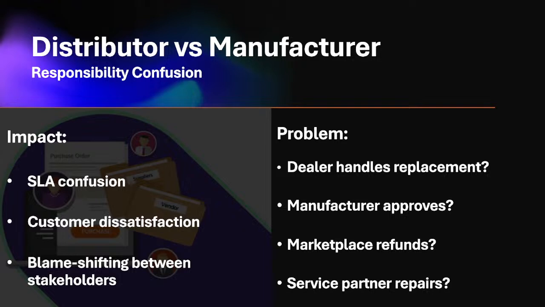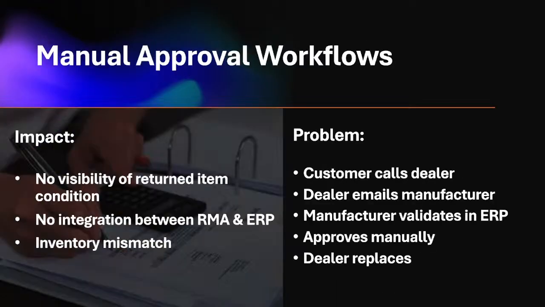However, even in current scenarios, Kaushik, we have seen that all of this requires a lot of manual approval, right? Because the systems don't speak with each other. There are independent silos. Customers call their dealers regarding the warranty claim, and then the dealer calls the manufacturer: hey, look, I have this customer that I've sold your product to, and they are looking for a warranty claim.